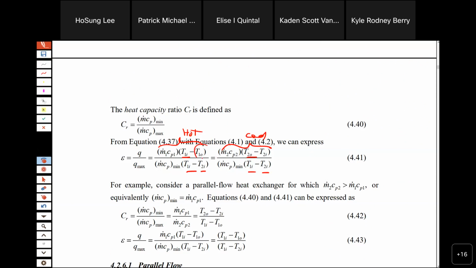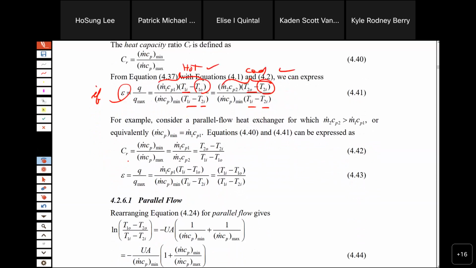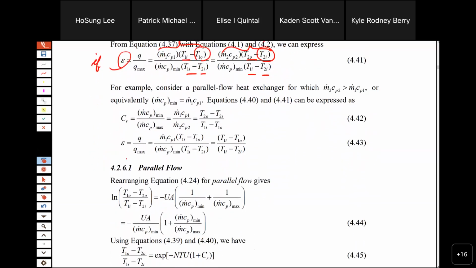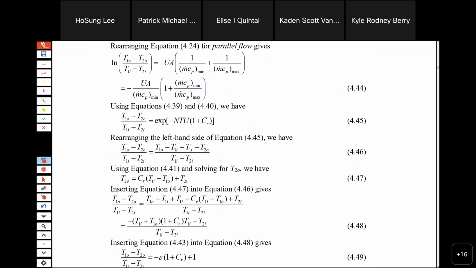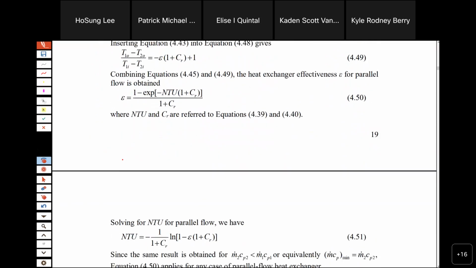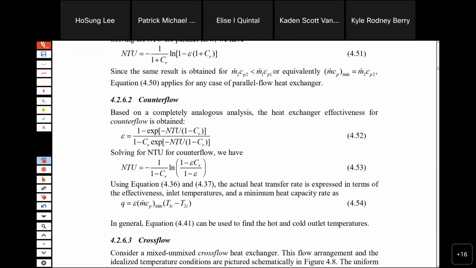Do you think you can calculate the outlet if you know the effectiveness? Yes or no? Yes, that's the key. You can figure out the outlet if you know the effectiveness. That's the NTU method. How to calculate effectiveness depends on the flow type. Look at that, counterflow, we found it.